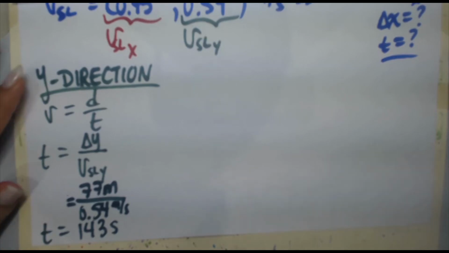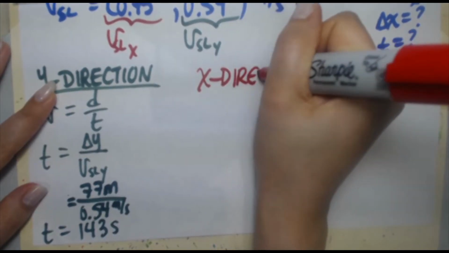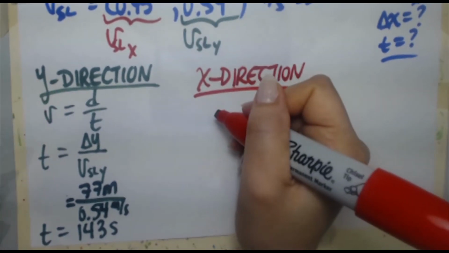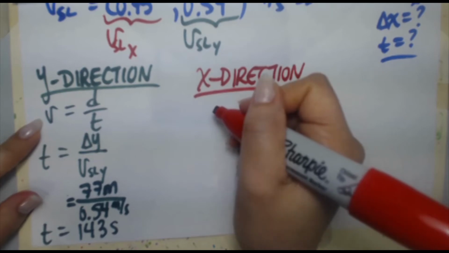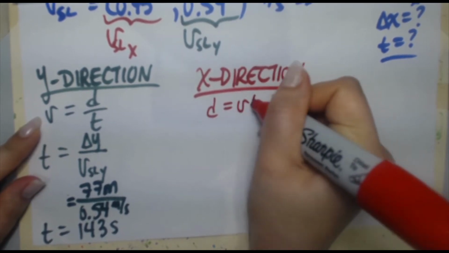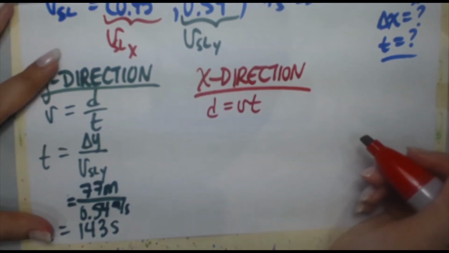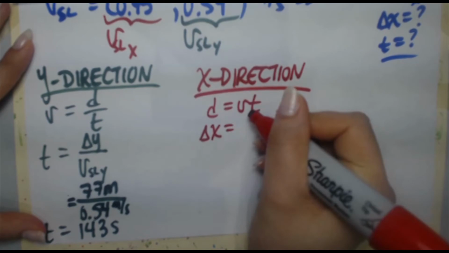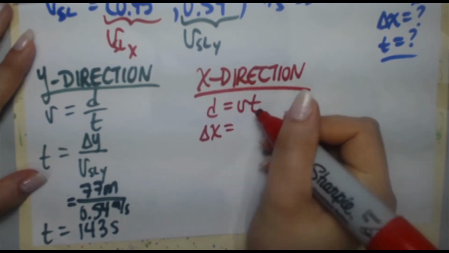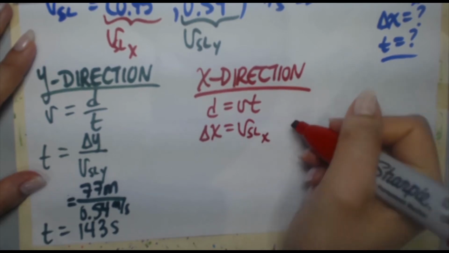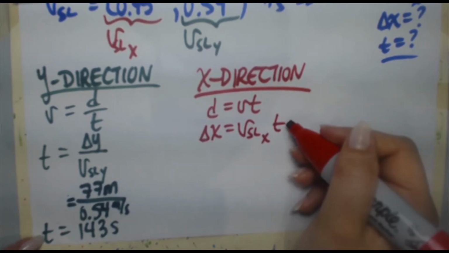Now that we've got the time, we can go ahead and use our x direction. So in the x direction, we use our same relationship. Okay, speed is distance over time. We're going to reorganize this for distance. So distance is speed times time. And specializing that for the x direction, the distance downstream is delta x. Our speed that's going to result in the downstream motion is VSL subscript x, times time, and the time we just found over here.